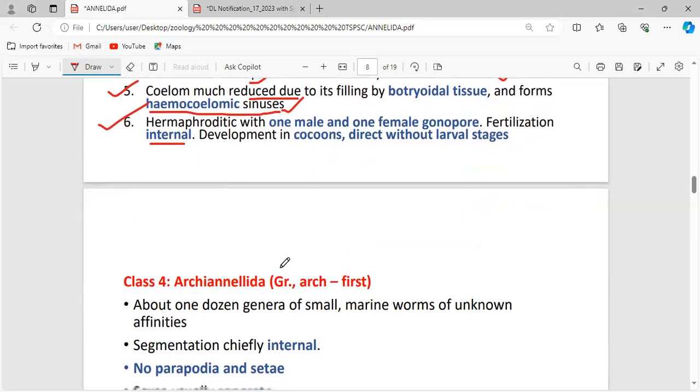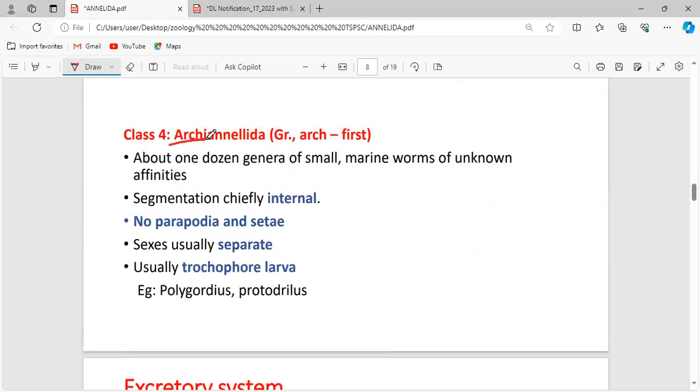Don't forget this point. And what is the other class? Archiannelida. Okay, arch means first. Archiannelida, about a dozen genera of small marine worms of unknown affinities. Here the segmentation is internal segmentation. There are no parapodia and setae here.